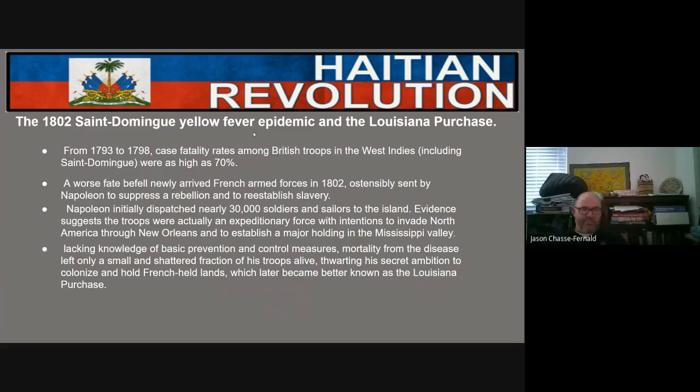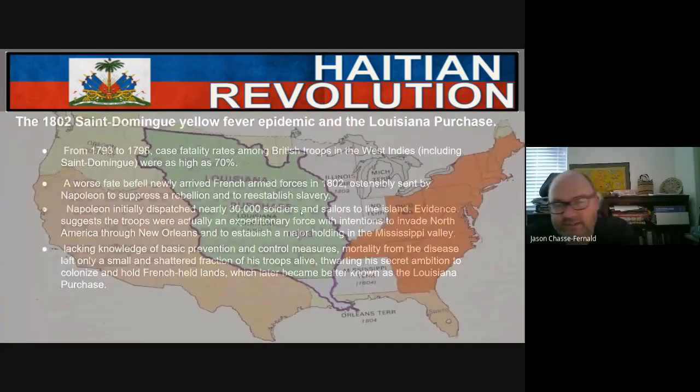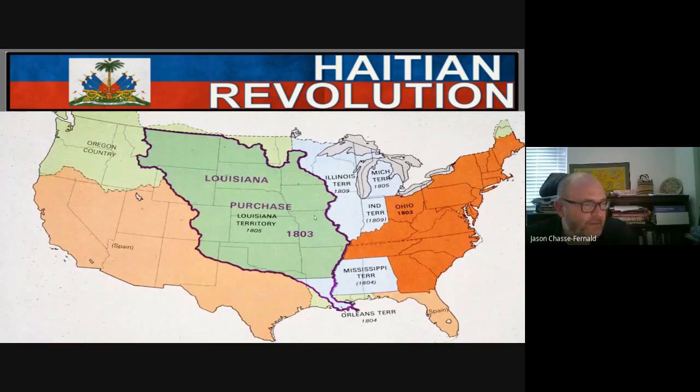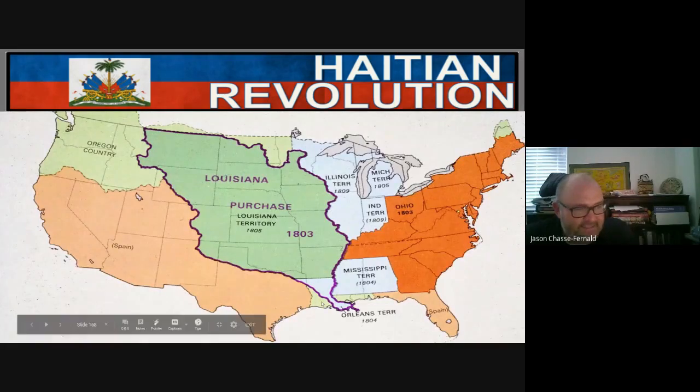Because they wanted to establish a major foothold in the Mississippi Valley. Lacking knowledge, basic provisions, and control measures, mortality from the disease left only a small shattered fraction of troops left, and those numbers are actually in your timeline. I think it's like 6,000. I'll go back and check them in a minute. This is because of yellow fever, right?